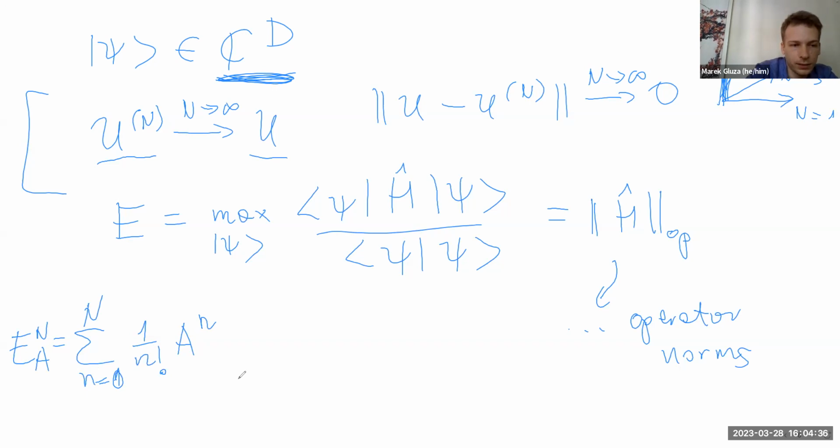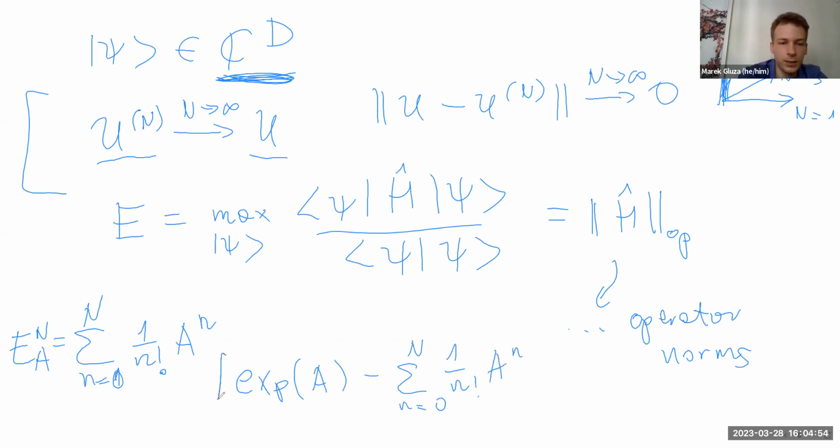And now I could ask, for example, exp of A minus the summation from n equals 0 to N of 1/n factorial A^n. So I could ask about this, and this would be some function of N. And if I can find this function, then that would give me a convergence rate. So I would have to find that function. But I want to do something else.